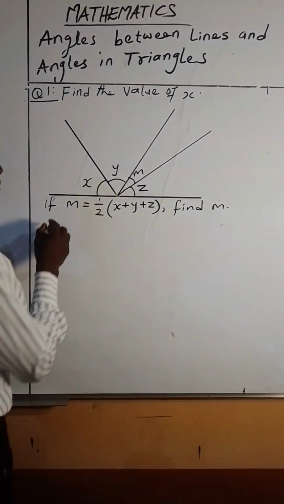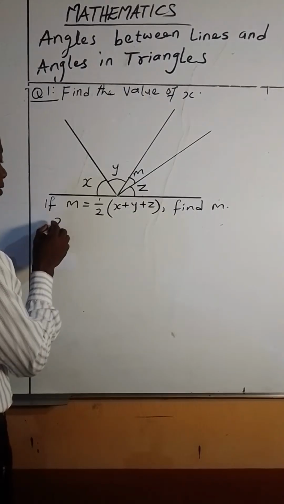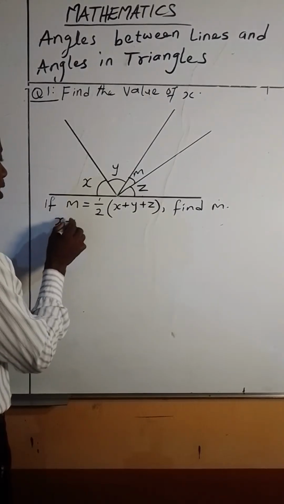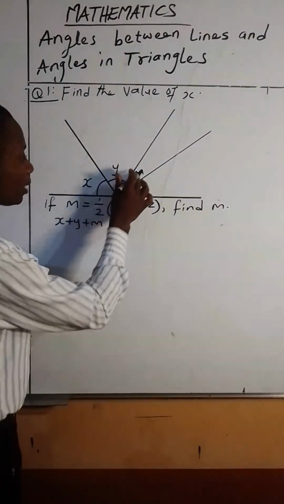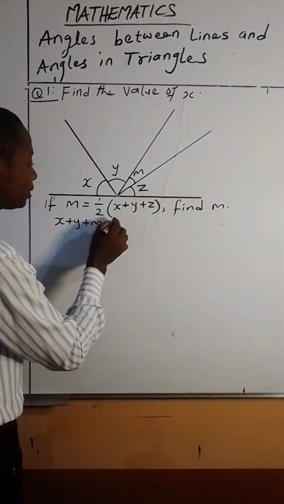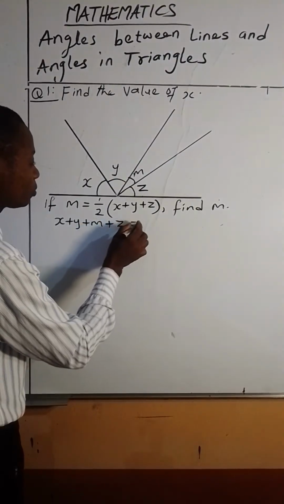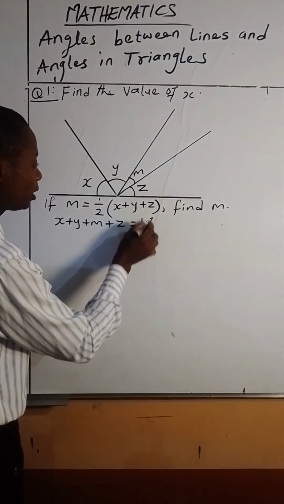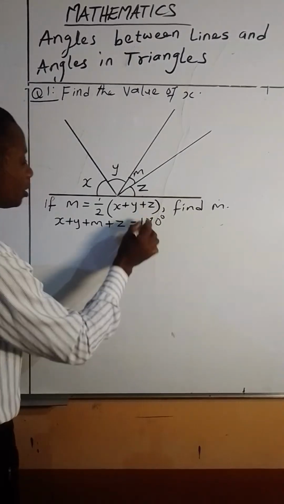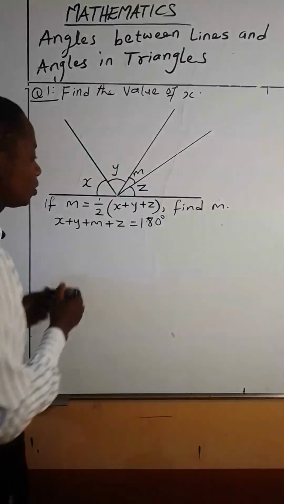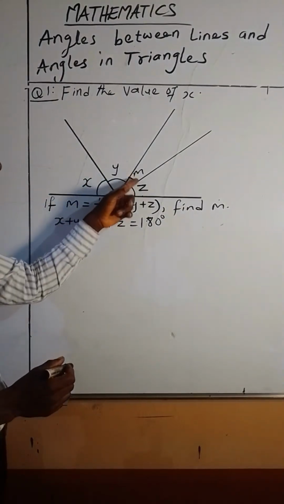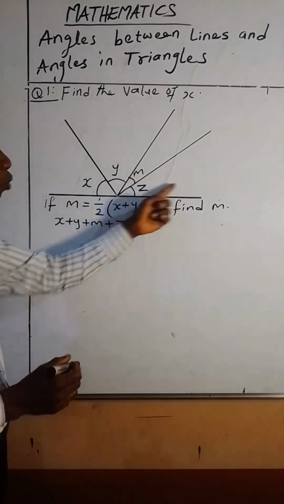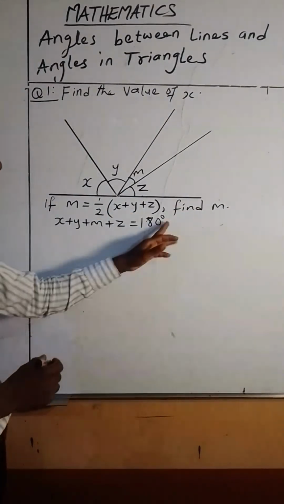So first, we know that x plus y plus m, then plus z is equal to 180 degrees. We know this already because they are all angles on a straight line. So when added up, they give us 180 degrees.